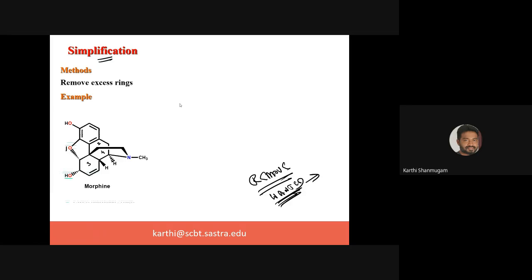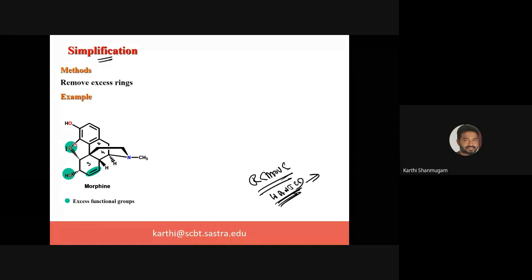Yes. So whatever is labeled here in green color, those are the additional or excess functional groups. So this O here, this OH here, this double bond here, somehow the medicinal chemists have identified that these are the functional groups which are not much important for the biological activity of morphine.